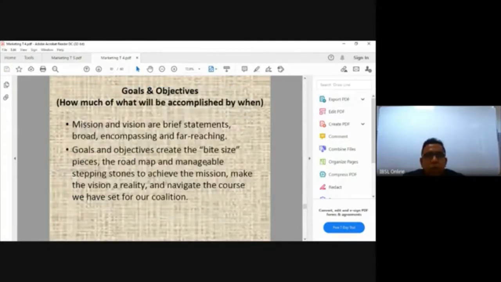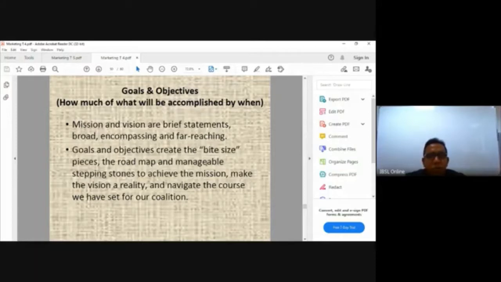Mission and vision are brief statements, broad, encompassing, and far-reaching. Goals and objectives create the bite-sized pieces, the roadmap and manageable stepping stones to achieve the mission. They make a vision a reality and navigate the course we have set for our coalition. So remember, the goals and objectives stem from the vision and mission.